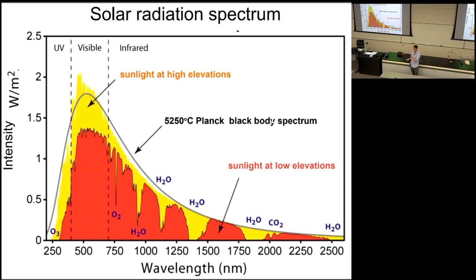No body's really a perfect black body, but the sun is pretty close. In yellow here, this is the radiation that is arriving at the upper atmosphere of the Earth. So that graph in yellow looks pretty close to, not exactly, but pretty close to the black body spectrum. So the sun is very nearly a perfect black body.